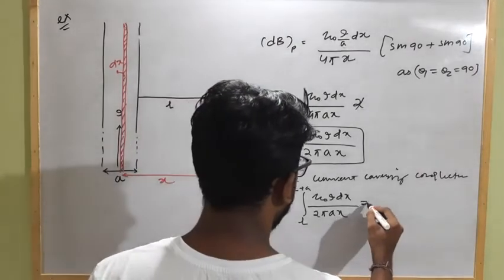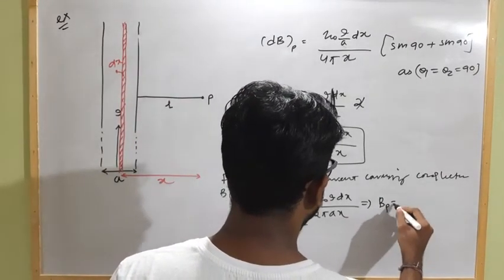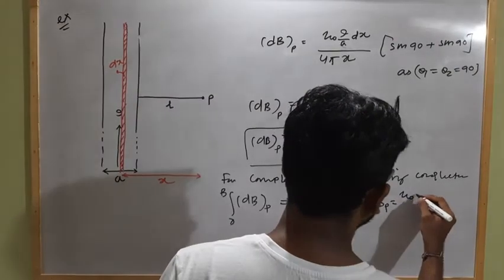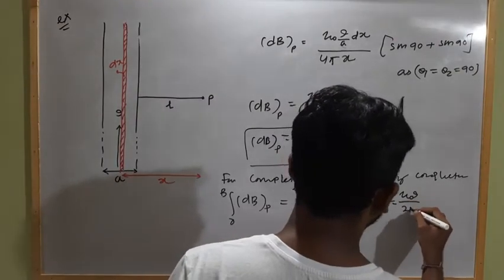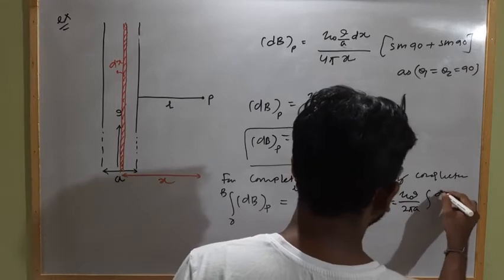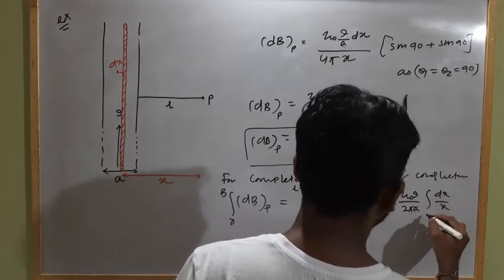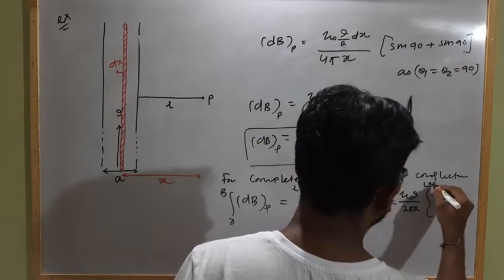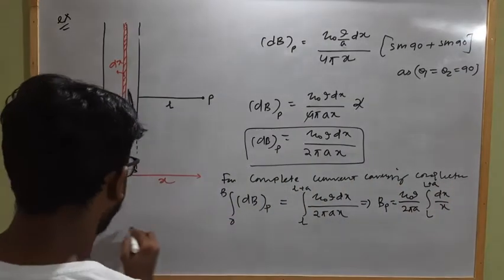So this implies B at P equals mu naught I divided by 2 pi A, which is constant, times the integration of dx by x from L to L plus A. So this will become how much?